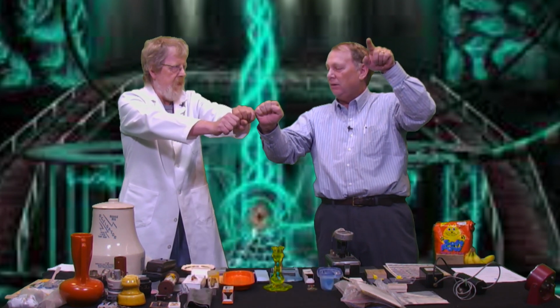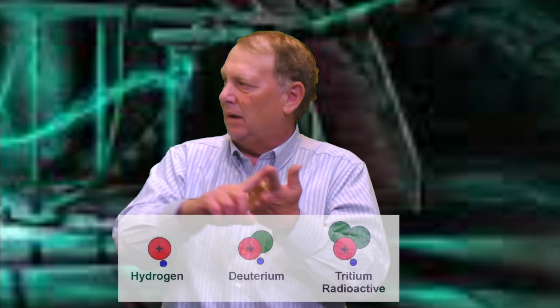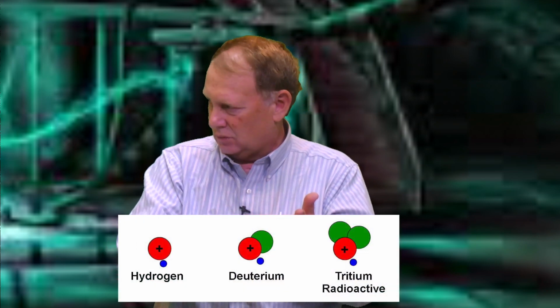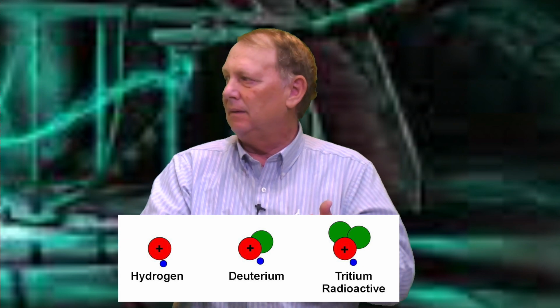So hydrogen is a really simple example to conceptualize an isotope. You have hydrogen, deuterium, and tritium. And tritium is radioactive. We will mention that later.